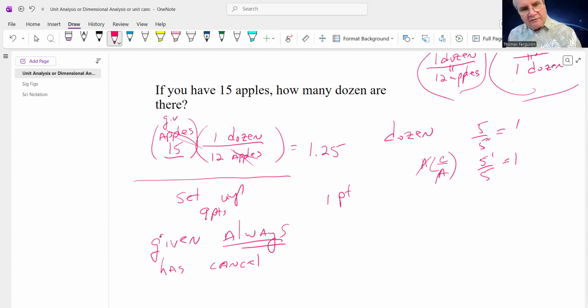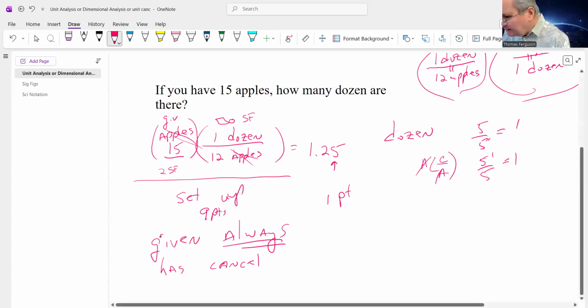By definition, it's 12 to a dozen, so that has infinite sig figs. How many sig figs does 15 have? 2. So how many sig figs does our answer have? 2. 1.25 has 3 sig figs. So we go to the third place, that kicks that 2 up to a 3. So our answer is 1.3 dozen.